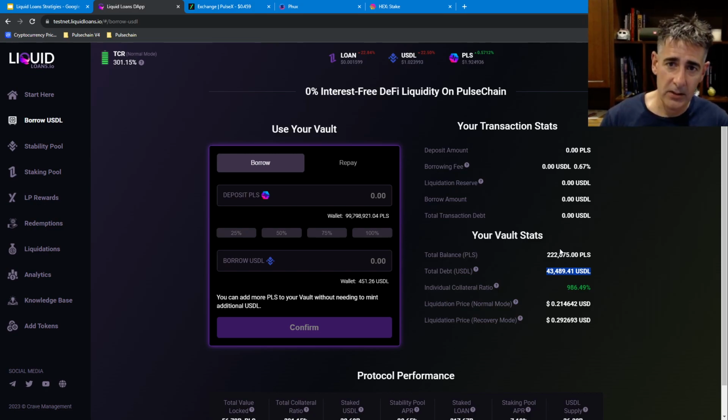And the end game here is to grow your pulse bag and let it multiply in value. And then, if you want, clear the debt. Or if you really wanted, you could just extract all the value out of it up to the point where it got liquidated or whatever.